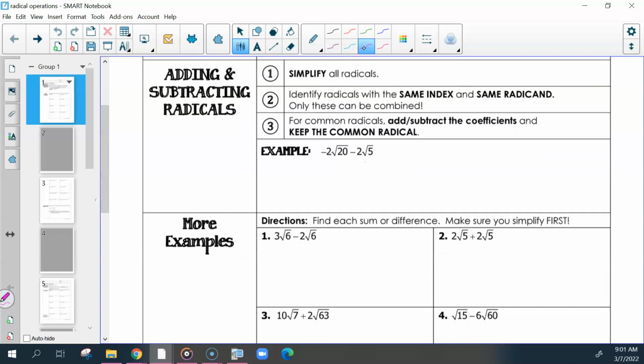So for this example, these are both square roots, but they do not have the same number on the inside of the radicand. So we would need to, one, simplify the first one.